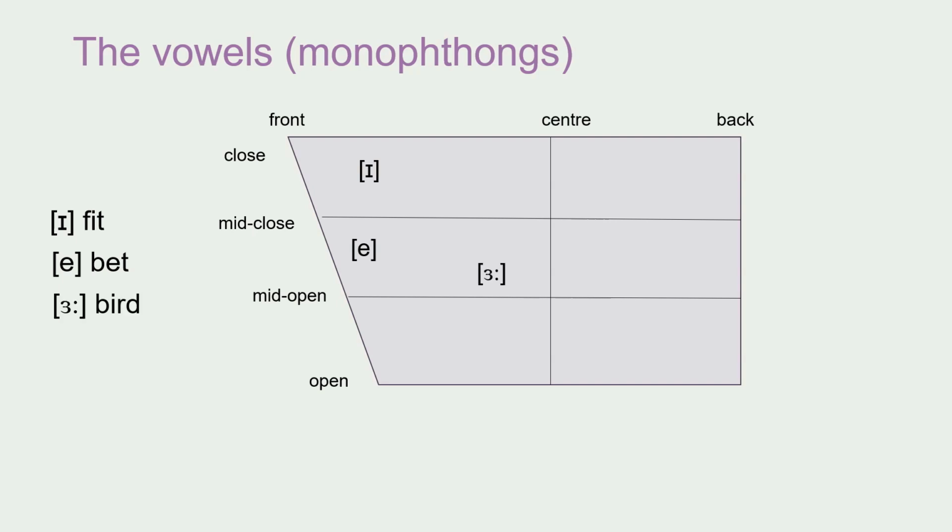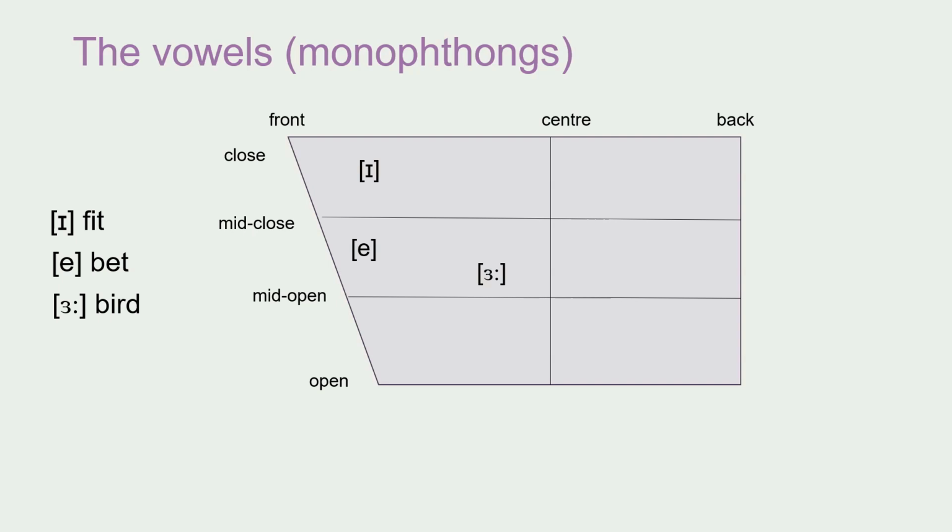Now this one is fairly similar to E in its height, but it's further towards the center of the mouth. You can't actually feel your tongue moving up and down very much, but you can feel it moving backwards and forwards. So this vowel is produced more to the center of the vocal space here.